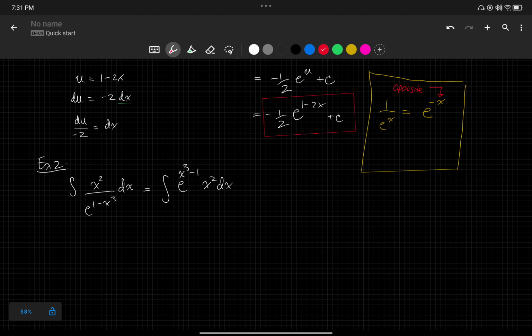The fact that our exponent here was a little bit more complicated doesn't change the fact that this has to be the opposite of that. So that's why I did that first. That's why I said it requires a little bit of observation before you just jump in and try to do it.